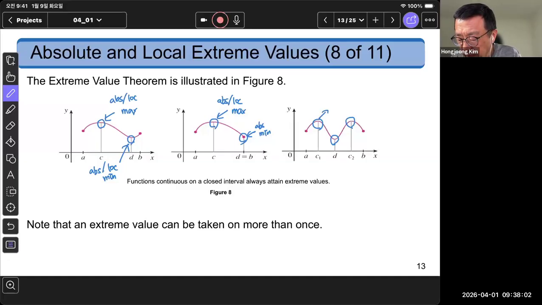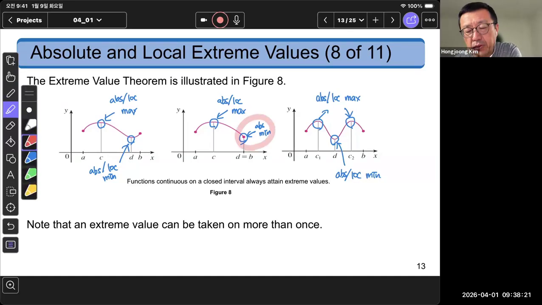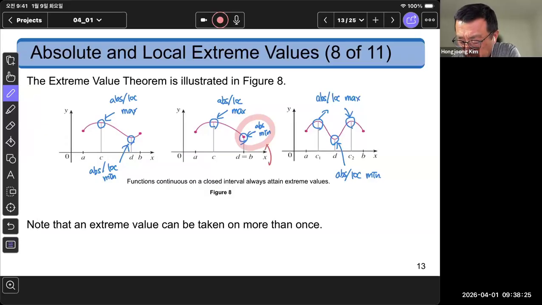These two are absolute and local maximum, and the value at d is an absolute and local minimum. So please be careful with this point, because at that point this is not a local minimum.